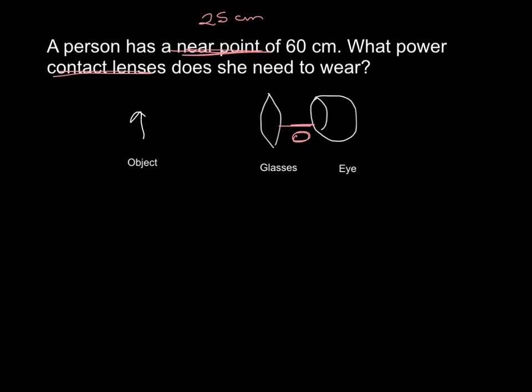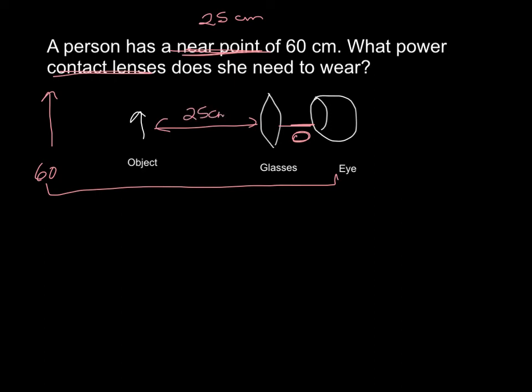Okay, so her eyeball can only see it if it's out here 60 centimeters away. So we need the contact lenses, when something is held 25 centimeters away, to produce an image that is 60 centimeters away, because then her eye can focus on it.